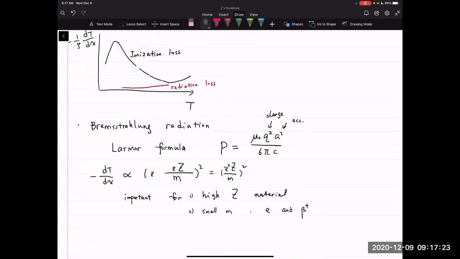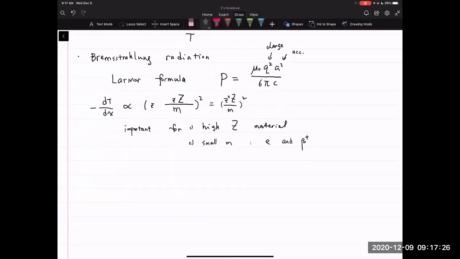So lastly, is the Cherenkov radiation. Cherenkov radiation refers to the radiation generated by a moving charged particle, again not with any acceleration, different from Bremsstrahlung radiation. Bremsstrahlung radiation only happens when there's acceleration of the charged particle.